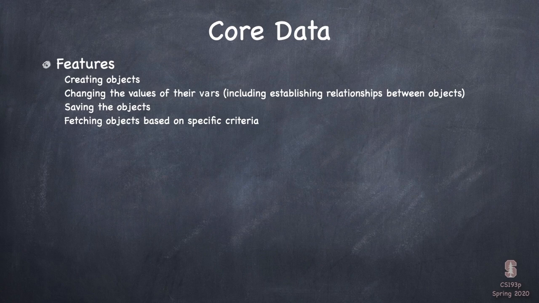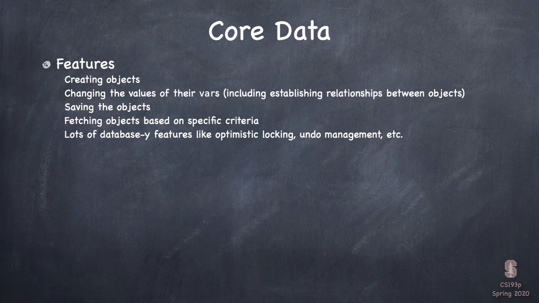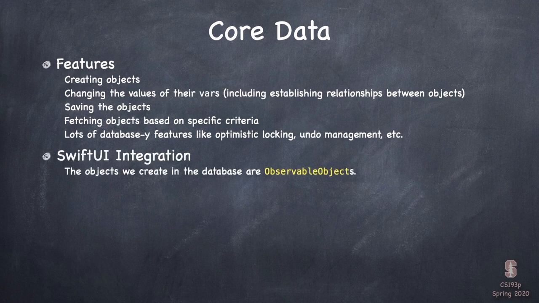It has a great, simple API for doing the fetching of the objects. Now, it has a whole lot of other database-y features on top of it, optimistic locking and all these things. We are not going to talk about this. This is an intro course, so we're just introducing the concept of core data here, but there is a lot of stuff in there to take this to pretty high levels.